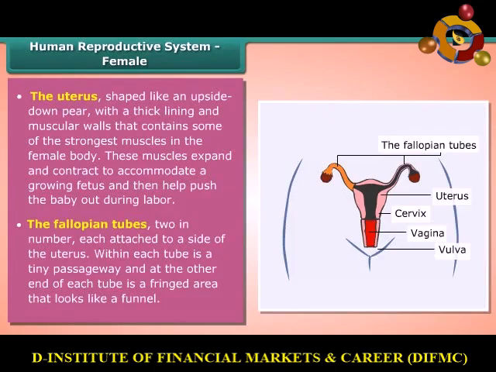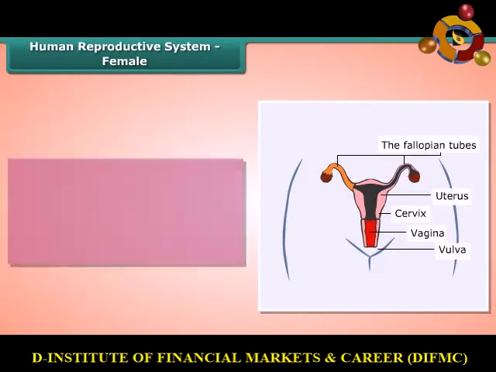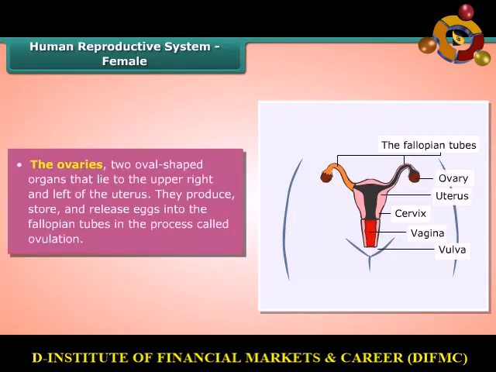Within each tube is a tiny passageway, and at the other end of each tube is a fringed area that looks like a funnel. The ovaries, two oval-shaped organs that lie to the upper right and left of the uterus. They produce, store, and release eggs into the fallopian tubes in the process called ovulation.